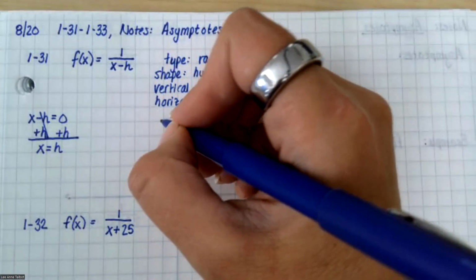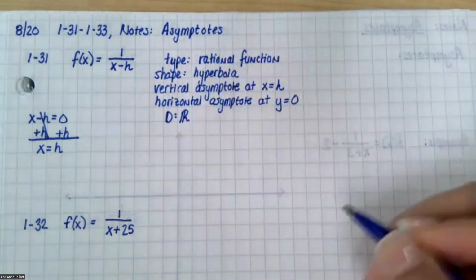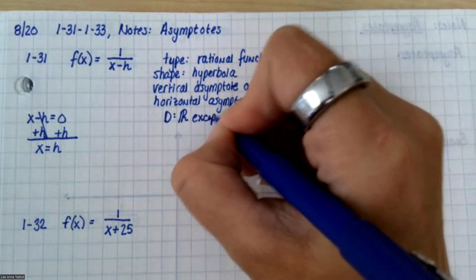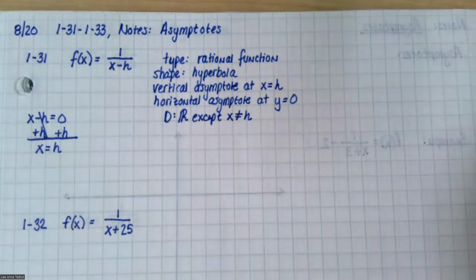We learned about the domain and range. The domain was everything except where the vertical asymptote is; x cannot be there.